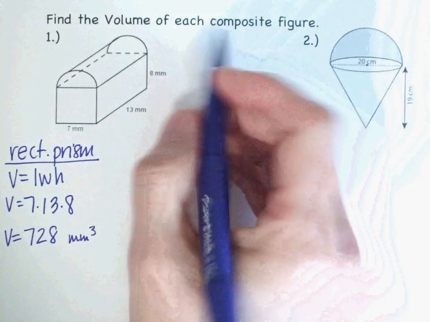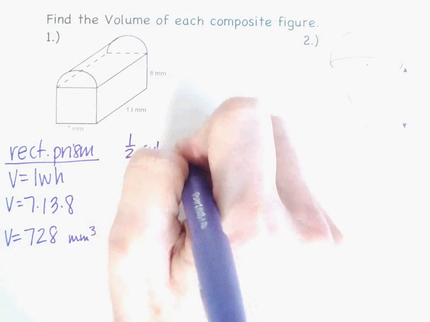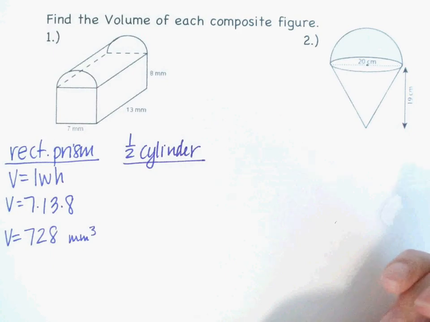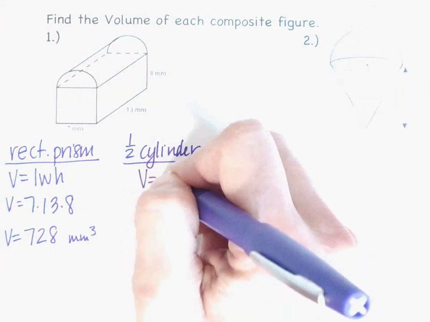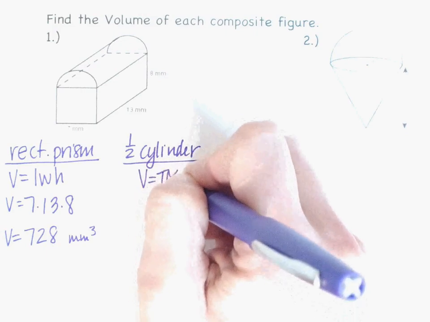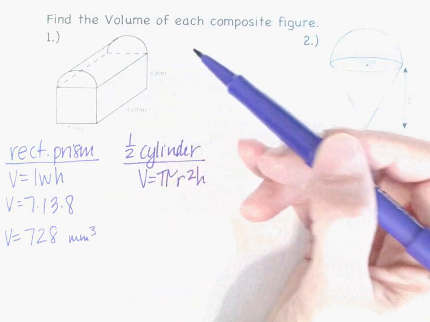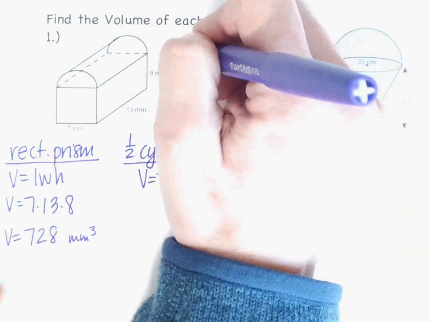Next is going to be that half cylinder. So this is just a little bit more involved, but we can do it no problem. The first thing I'm going to do is copy down the formula for the volume of a cylinder. So this is going to be pi r squared h. The next thing I'm going to do is look for the radius and height, because I don't see it labeled.